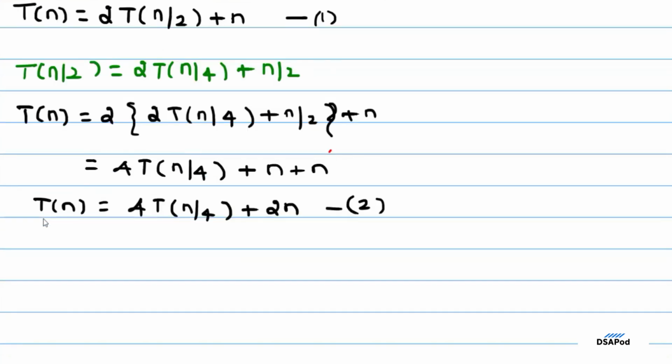Now find T of n by 4 by substituting n is equal to n by 4 in equation 1. Now substitute T of n by 4 in equation 2.